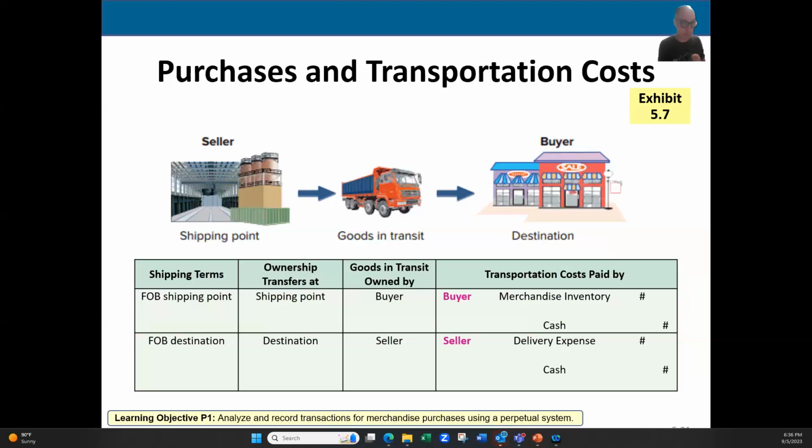But what about when it's free on board shipping point? Shipping point means that the buyer is responsible for the shipping from the shipping point to the destination. So the buyer is responsible for the insurance of the products and for paying the expense of the shipping.